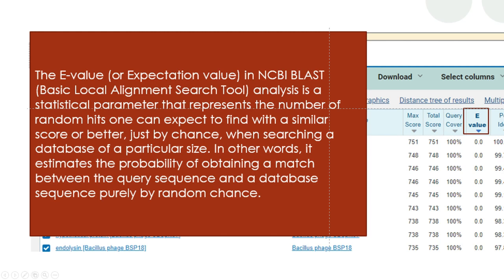Another most important score is the E-value, or expected value, which is expected to be minimal to have a significant similarity. In general, it must be less than 10 to the power minus 7 when choosing an alignment for significant similarity. This score is a statistical parameter that represents the number of random hits one can expect to find with a similar score or better just by chance when searching a database of a particular size.